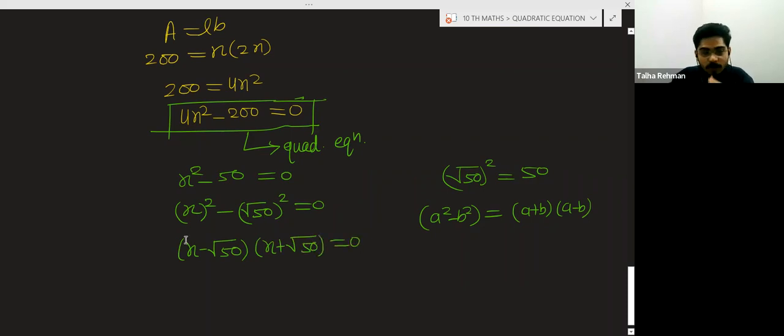Now the product of x minus root 50 and x plus root 50 is equal to 0, means either this is equal to 0 or this is equal to 0. So x minus root 50 is equal to 0, or x plus root 50 is equal to 0.